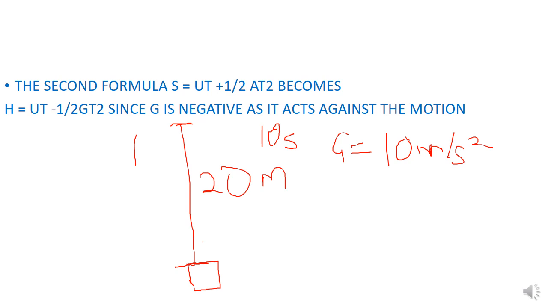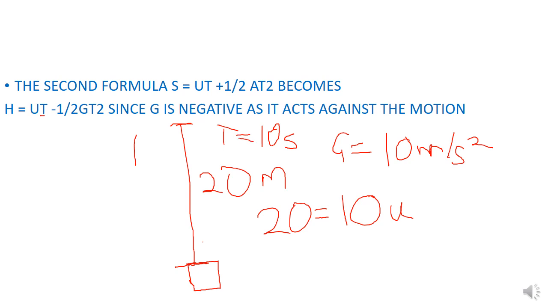So 20 meters, which is the height covered by this body, is equal to ut, which is 10u basically, because the time taken for this motion was 10 seconds.